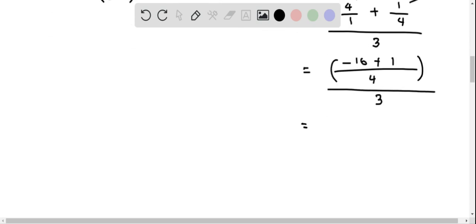And so when we simplify this numerator expression, negative 16 plus 1 is negative 15 divided by 4, and then we have to divide by 3, so I can write this as multiplied by 1 by 3. Now we do some cancellation here. Negative 15 divided by 3 is negative 5, so it is negative 5/4.